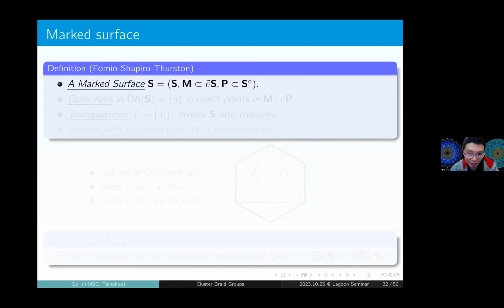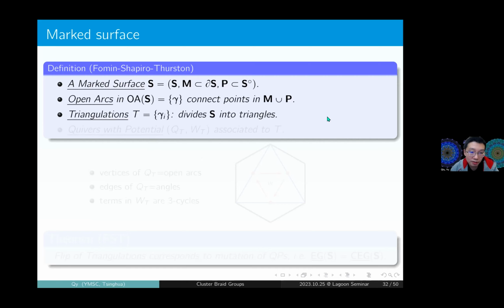Although in this talk, we won't talk about punctures. The puncture case is ongoing work with Zhou Yu. And on this marked surface, you have some arcs, which we call open arcs because we want to distinguish them from something else later. And a triangulation is a collection of arcs which divides this S into triangles, hence the name.